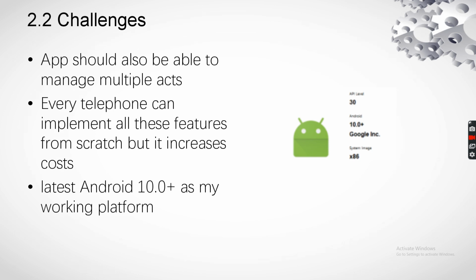The project is using the latest Android 10.0 Plus as the working platform, which may lead to the lowest rate of crashes when users use the application, and it also comes with the latest version of updates of Android. These operating systems are the most popular on the market for mobile operating systems. In fact, it will only work on Android mobile phones.